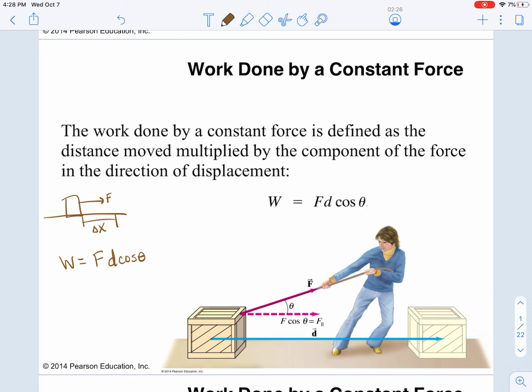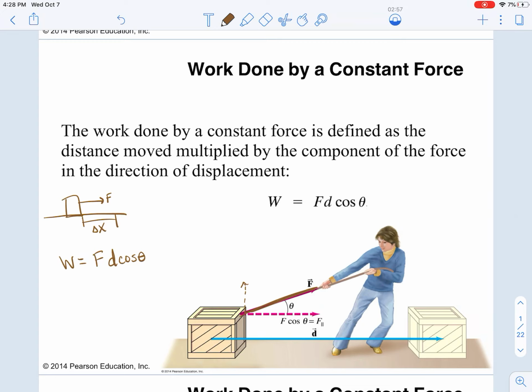So let's go ahead and look at the vector where she is pulling at a diagonal. Now you should understand that all diagonals can be broken up into both their vertical and their horizontal components. So right now the woman is pulling so that some of this force is actually in the vertical upward direction.